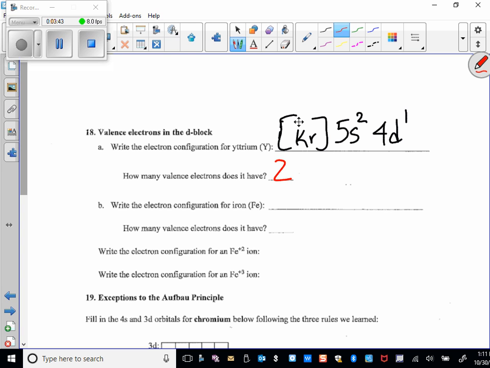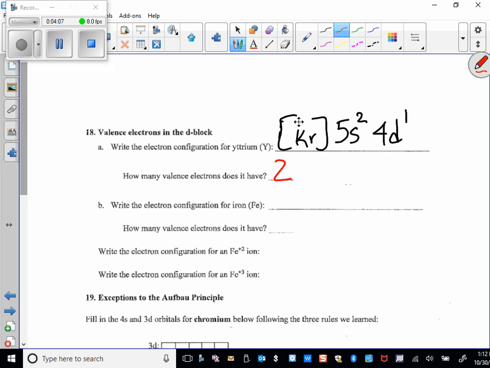So for any element in the d block, what becomes the electron that can be used in a reaction? It is the outermost s orbital electrons, because it is spread over a greater region of space. Does that make sense? So even if it's yttrium, the number of valence electrons will be 2.